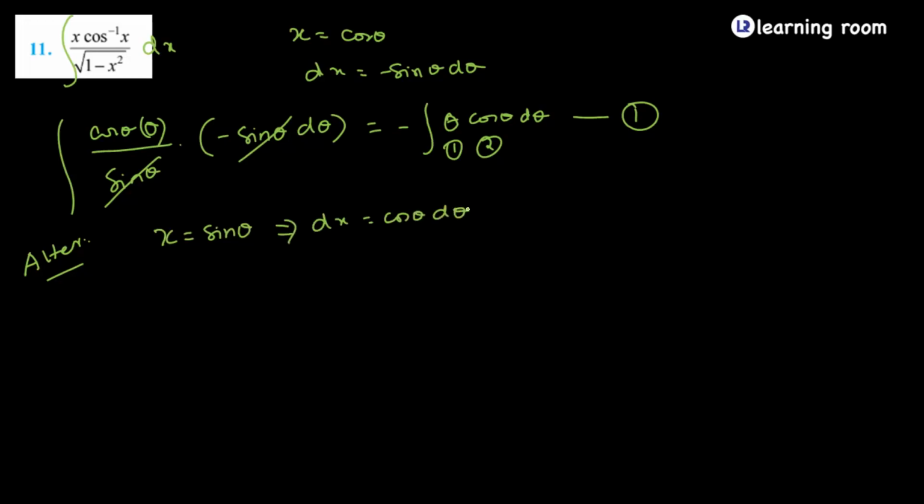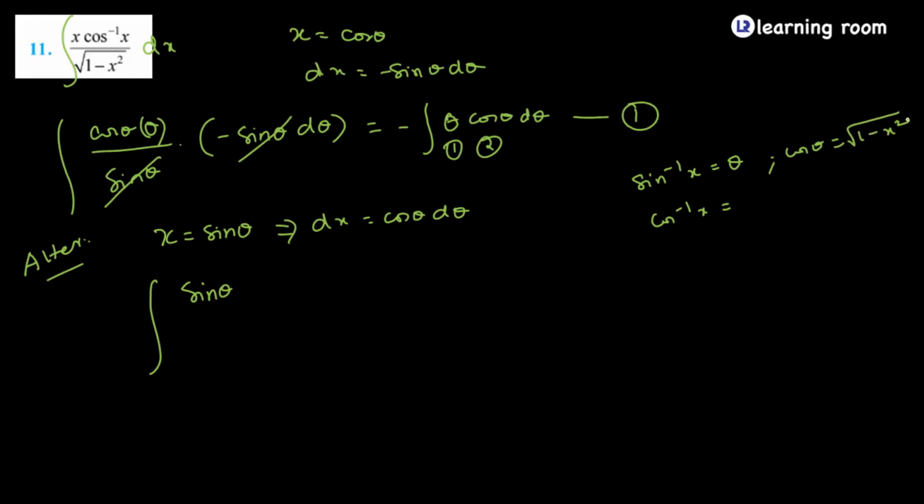So in the integral, in the place of x, what will I have? Sin theta. Now listen to this carefully. If sin inverse x is equal to theta, then what is cos inverse x going to be? Or if x is sin theta, what is cos theta? Root of 1 minus x square. Right.